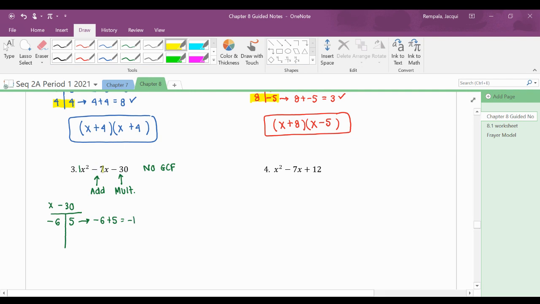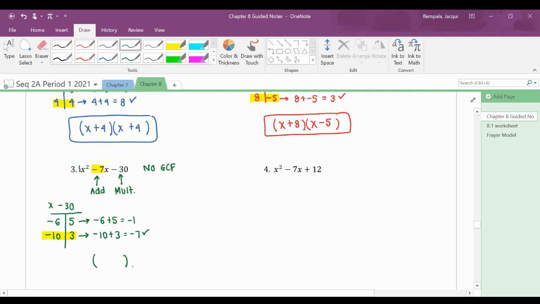Still not the number that I want. I want a negative 7. So what are some other numbers that multiply to negative 30? Well, negative 10 and positive 3. When I add those two numbers, that will give me the number that I'm looking for. So negative 10 and positive 3 are going to be a part of my factors.